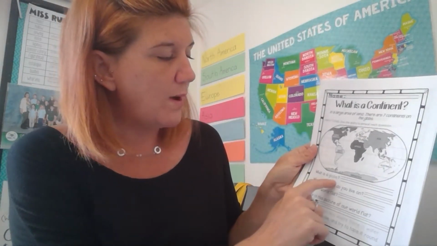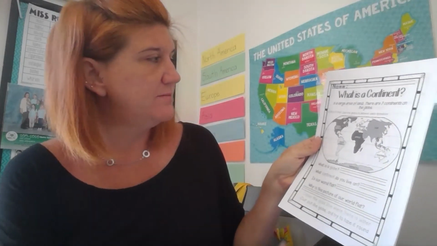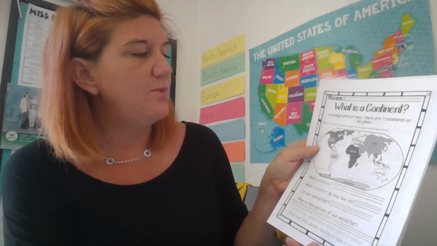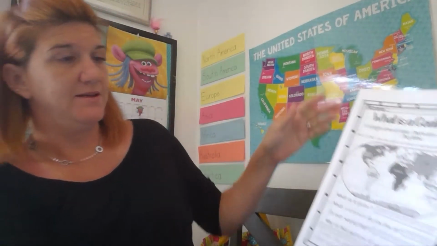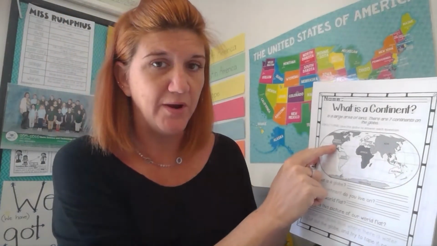Go ahead and answer these questions. What is a globe? We've discussed that, so put it into your own words. What continent do you live on? So we know that we live in the United States of America, and we have discussed the fact that we live in North America.